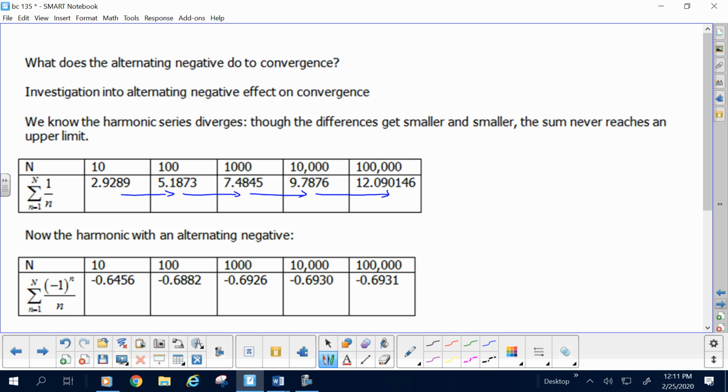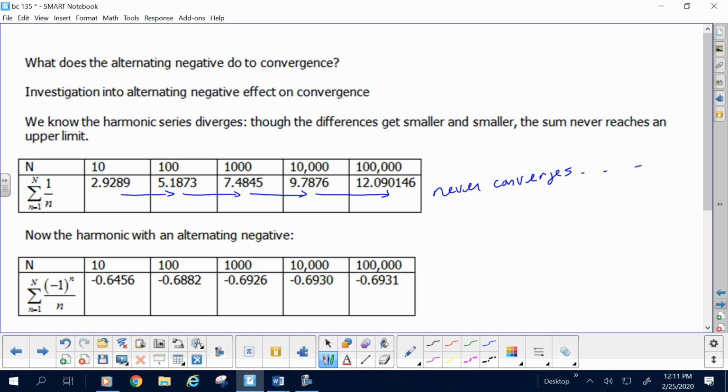It never converges. 1 over n is just at the cusp of a p-series that converges versus diverges. It is the last one diverging before we head into above one, which converges.